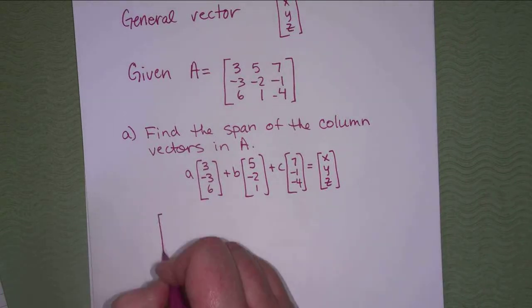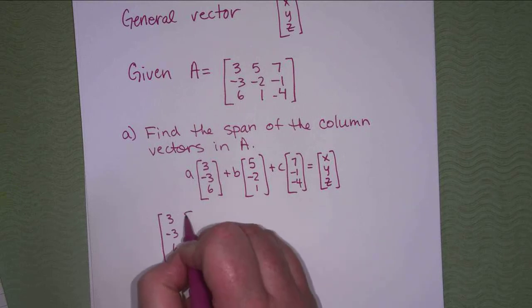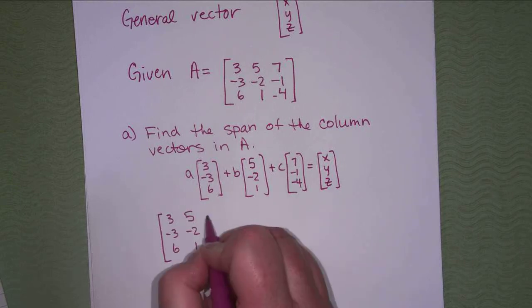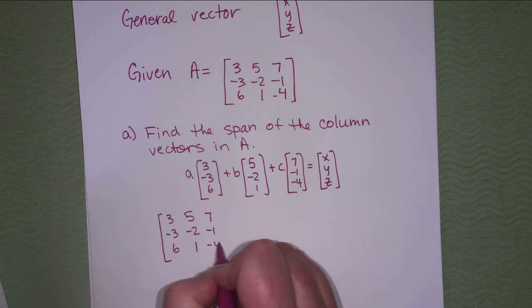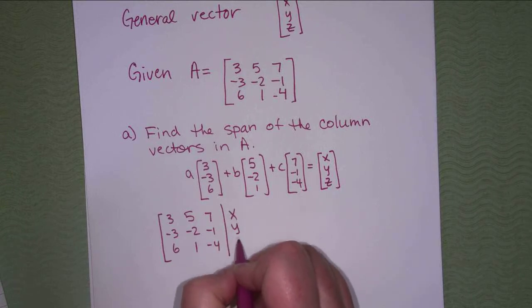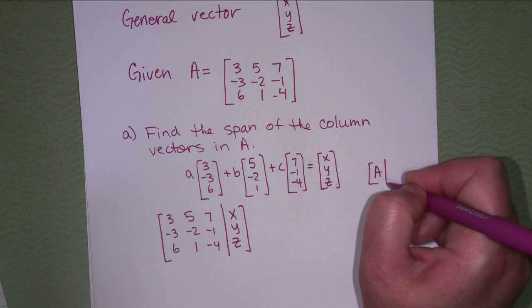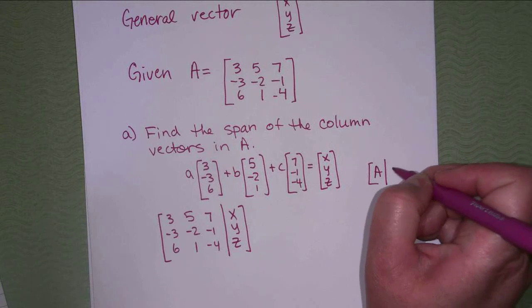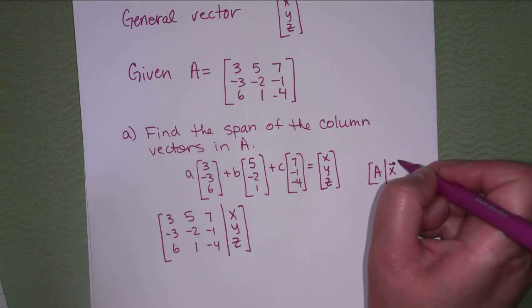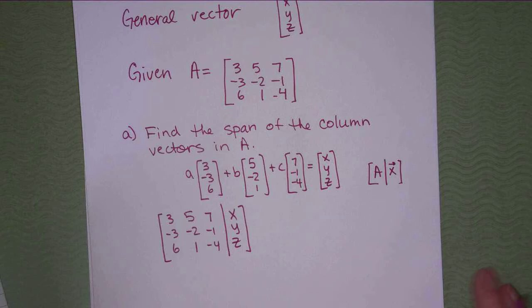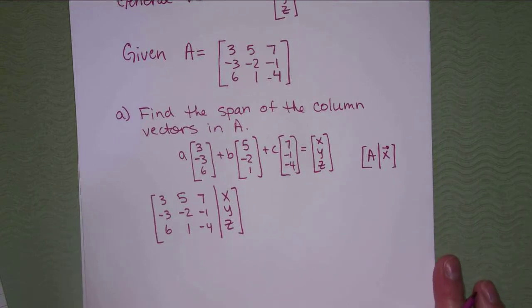So you would set up your matrix as an augmented matrix with the general vector. So that is A, augmented with a general vector, and then we row reduce.